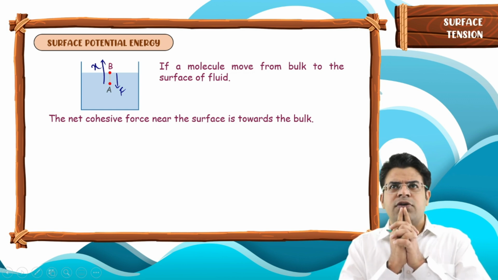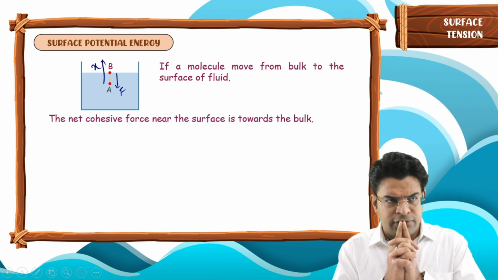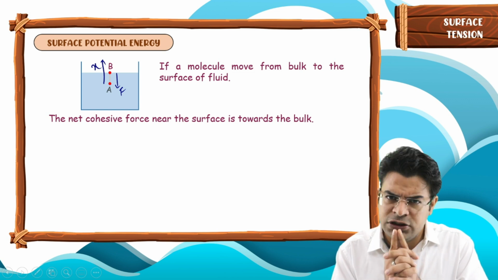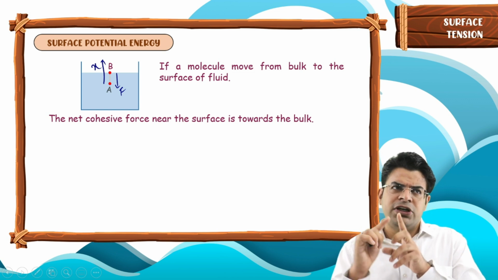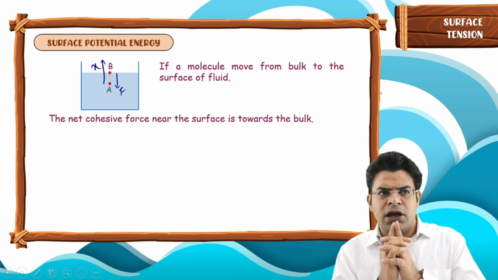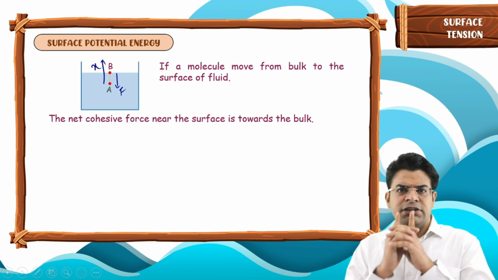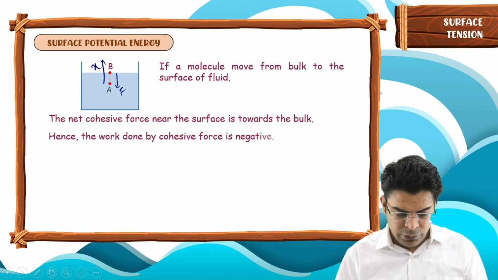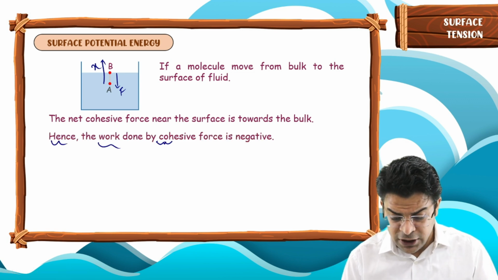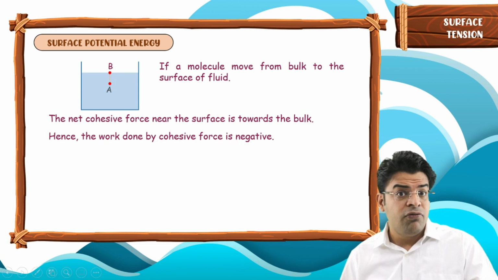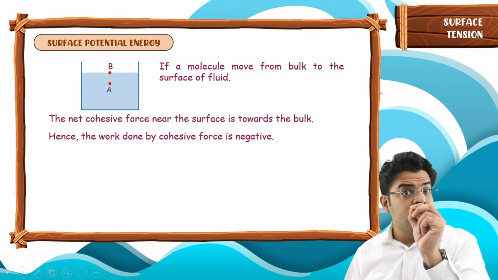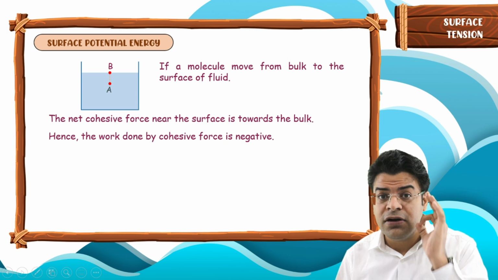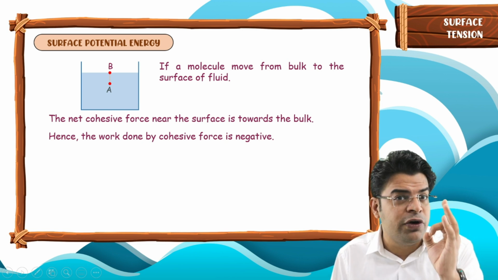The direction of force is towards the bulk, the displacement is towards the surface, both are in opposite direction. So the sign of the work done by cohesive force will be negative. Hence the net work done by cohesive force on the fluid molecule is negative when it moves from bulk to the surface.